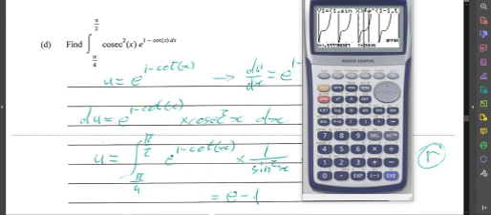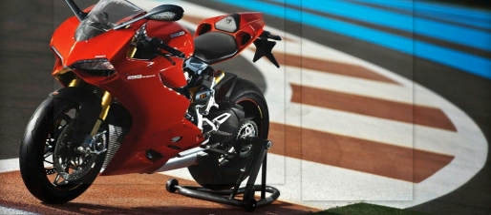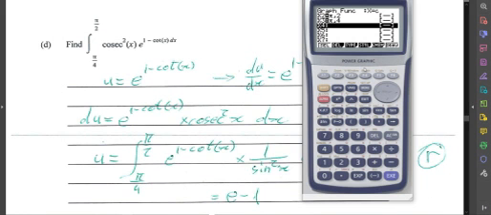It says error again. It doesn't know how to do it. Can it do it on your calculators? It might just be my... No? I don't get it. Why?